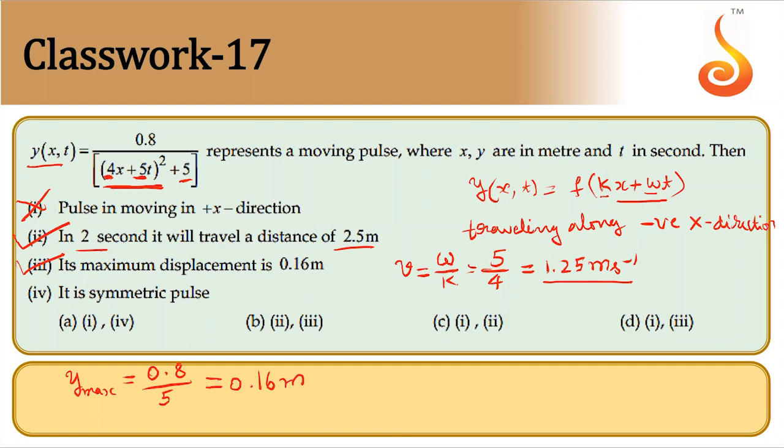Now the next thing is, is it a symmetric pulse? See, symmetric pulse means, suppose if I give x is equal to 1, I get y is equal to some a. If I give x is equal to -1, then also if I get y is equal to a, then it is symmetric. But here you can clearly notice it is not symmetric.